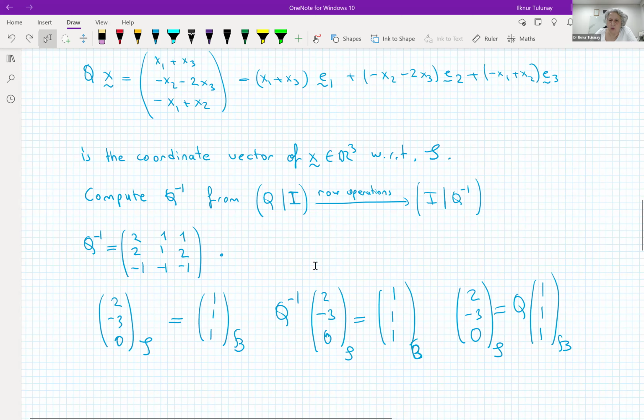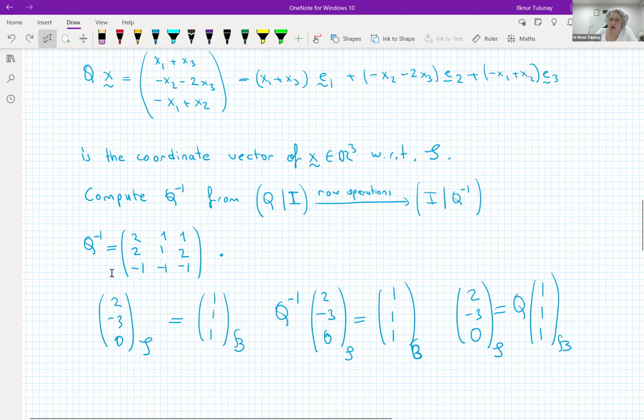This row with this column will be 2, minus 3, 0. Minus 2 times 2 is 4, 4 minus 3 is 1. So this component is 1. This row with this column will have 2 times 2 is 4 and minus 3, so 4 minus 3 is 1.